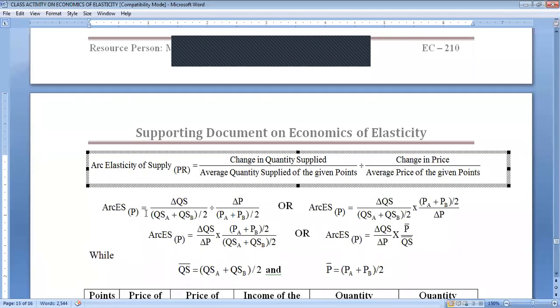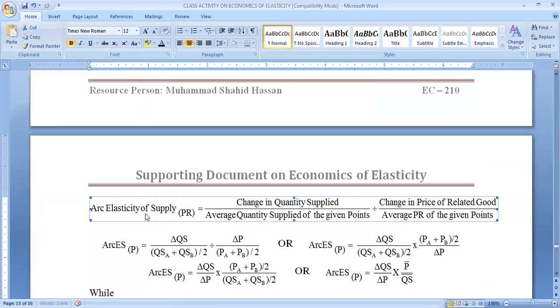PR, change in quantity supplied divided by average quantity supplied of the given points, divided by change in price of related good divided by average price of related good of the 2 points.